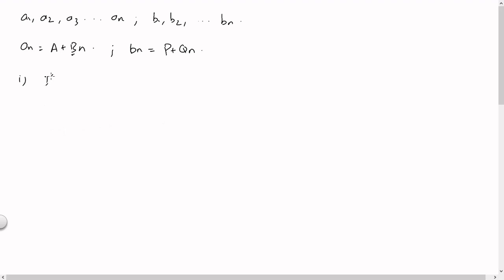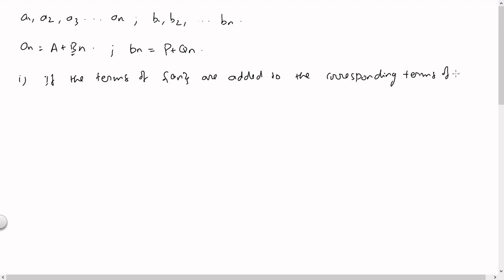So if the terms of the sequence An are added to the corresponding terms of Bn, then what will happen to the resulting sequence? You should be able to tell by now.